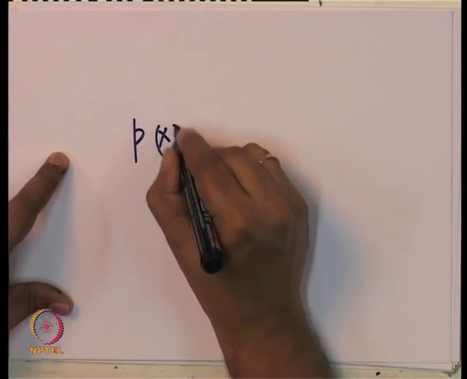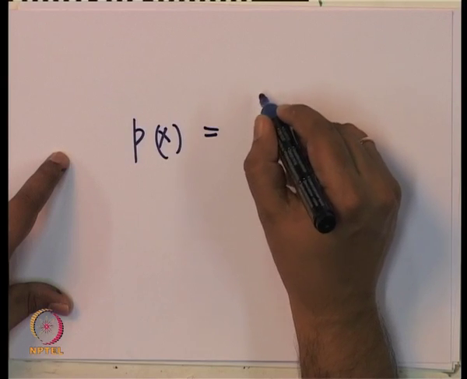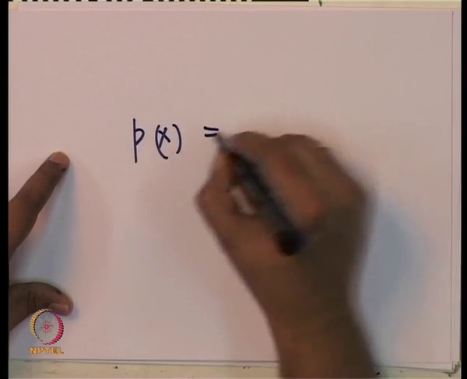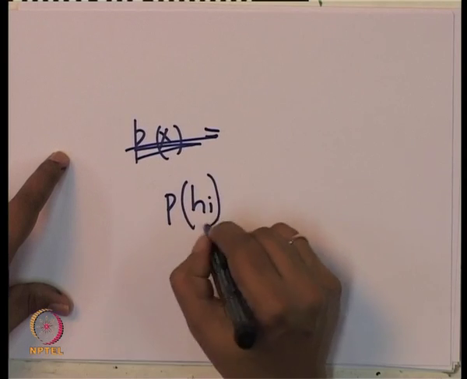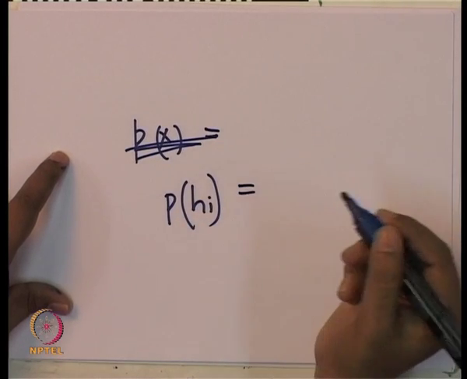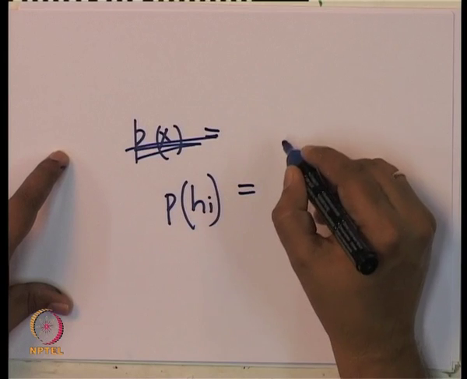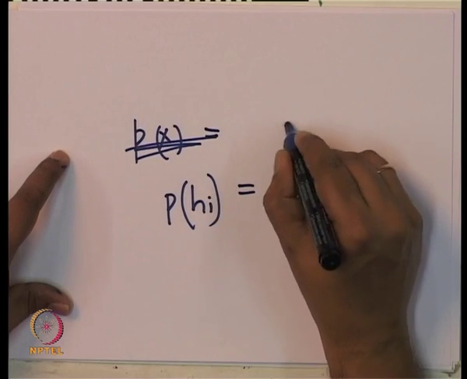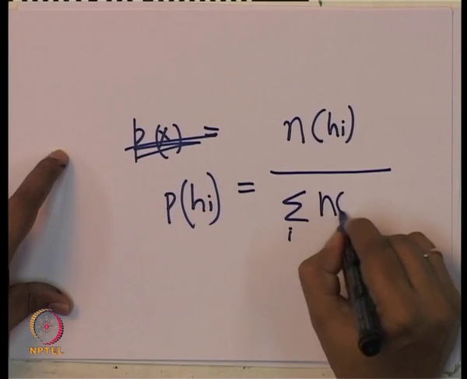When we defined probability in the previous lecture, we had written that in the case of P of h i, this can be written as n of h i divided by sum over i of n of h i.